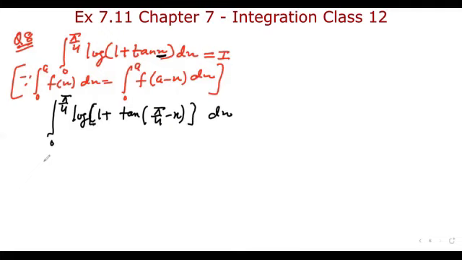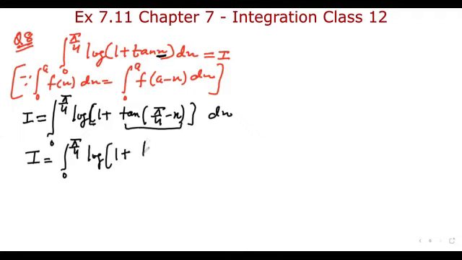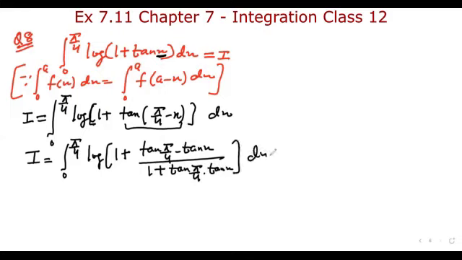Now here, this is I. So I is equals to integral 0 to pi by 4 log 1 plus, I know the formula tan A minus B, which is tan A minus tan B upon 1 plus tan A into tan B, into dx.